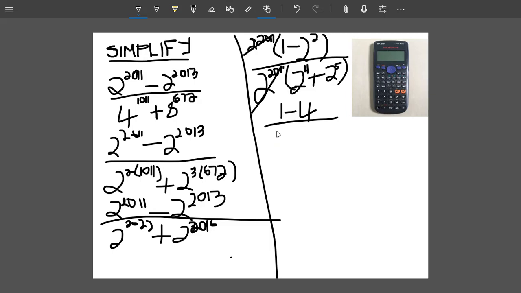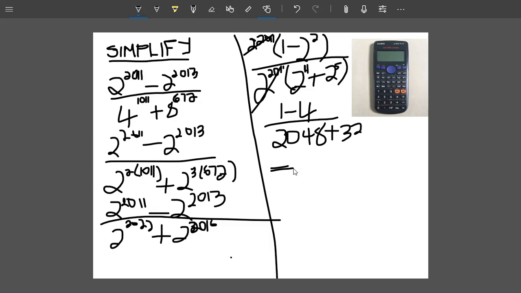2 to the power 11 is 2048, plus 32. Oops, 32. Then from there, it's where you can use your calculator, and the calculator will tell you the answer.